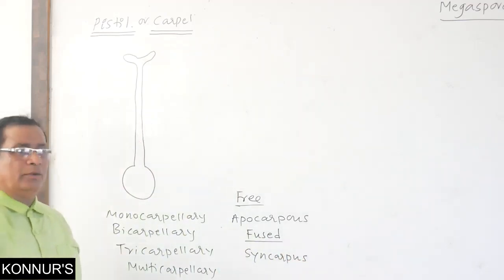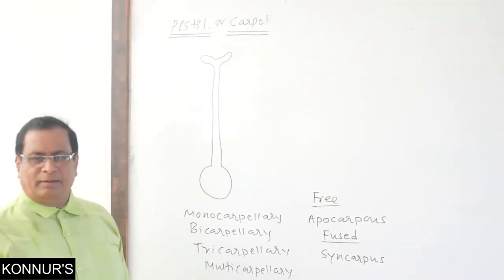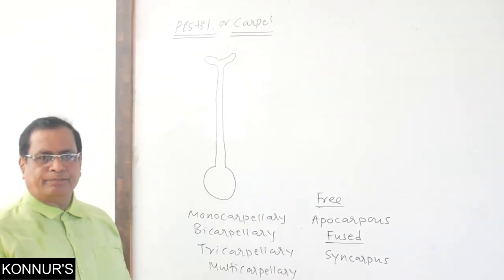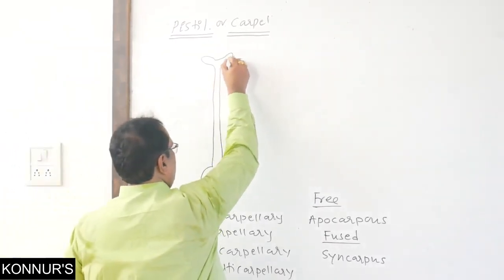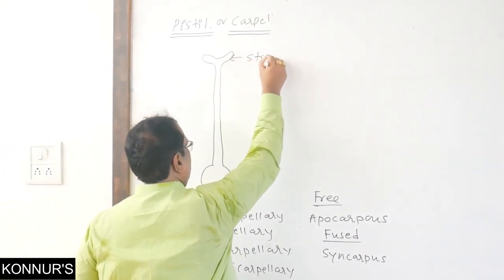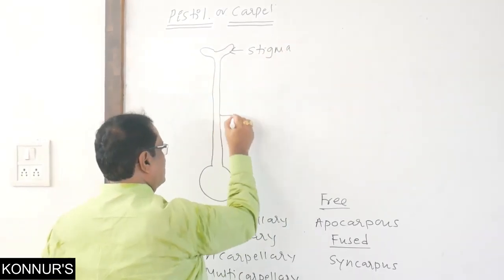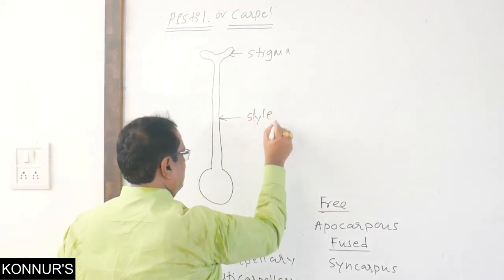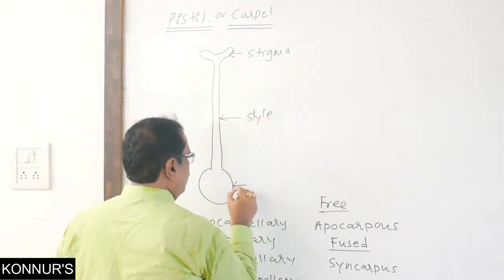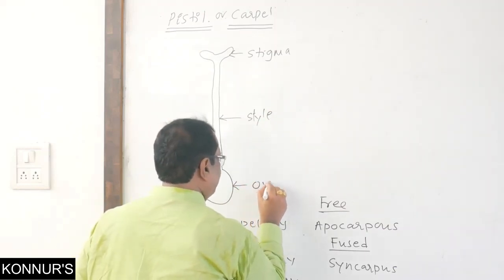Now, if you analyze the structure of a pistil or carpel, we recognize three parts. First one, stigma, and elongated style, and oval ovary.